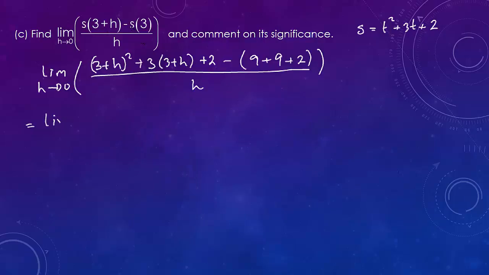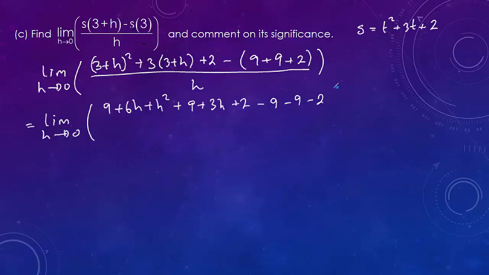So that's going to be the limit as h tends to 0 of 9 plus 6h plus h squared plus 9 plus 3h plus 2, take away 9, take away 9, take away 2. So those 9s are going to cancel, those 9s are going to cancel, and those 2s are going to cancel, all divided by h.